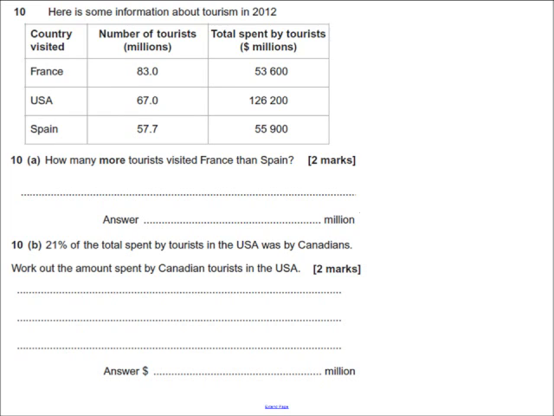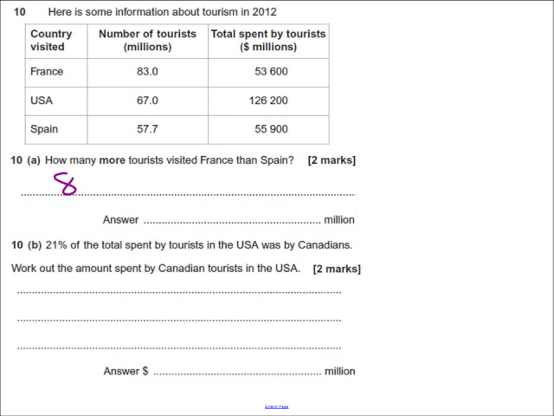Question 10. There's some information here about tourism in 2012 and the number of tourists and how much each of those sets of tourists spent. It's asking us in question 10a how many more tourists visited France than Spain. So can we read the table and pull out the number of tourists in France and Spain?